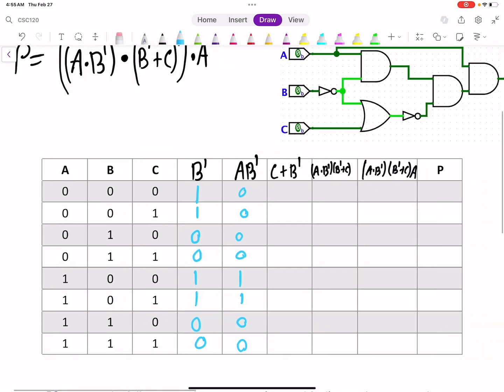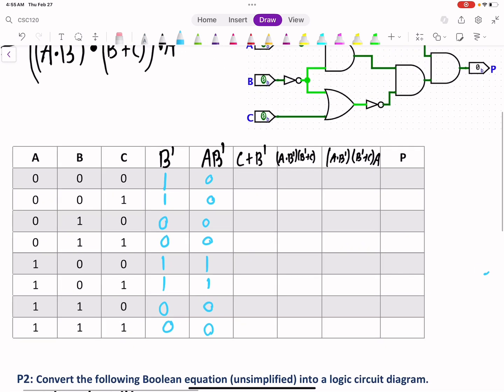So let's do C plus B prime. So our C digit plus B prime.